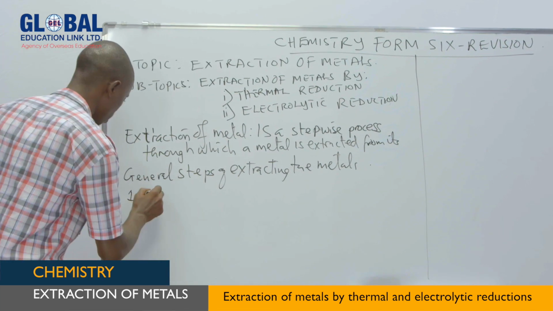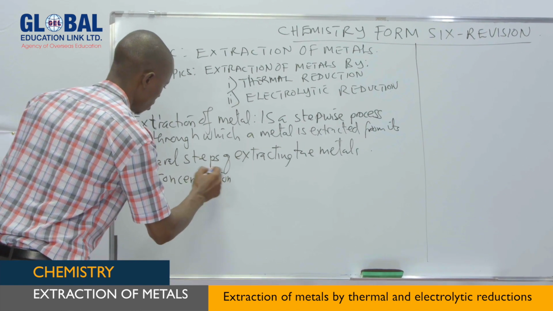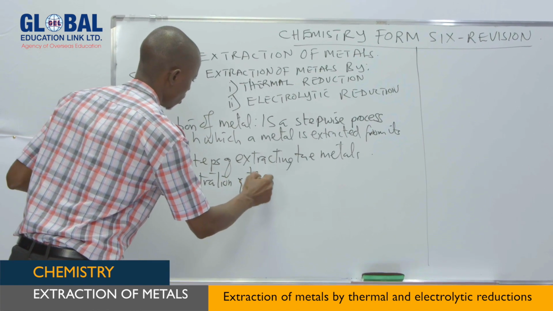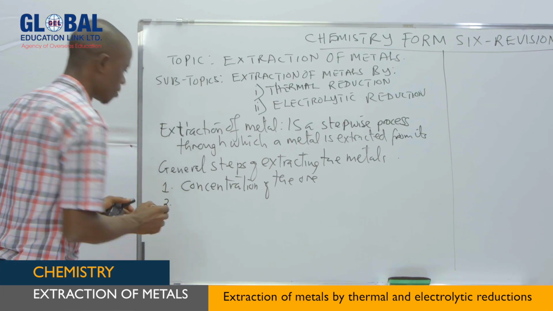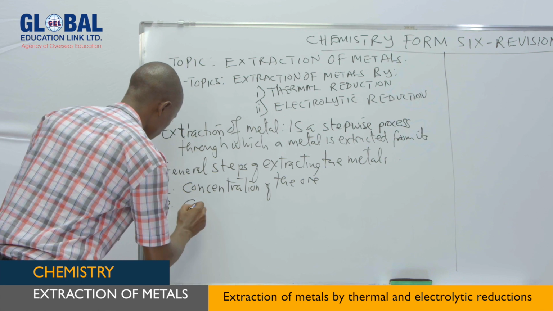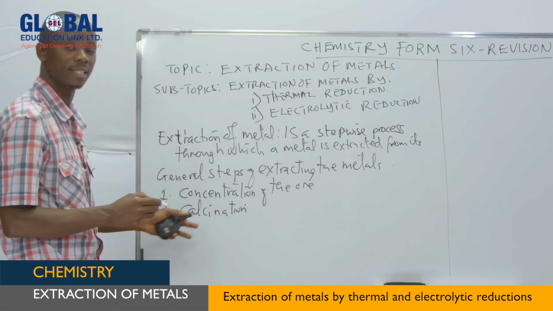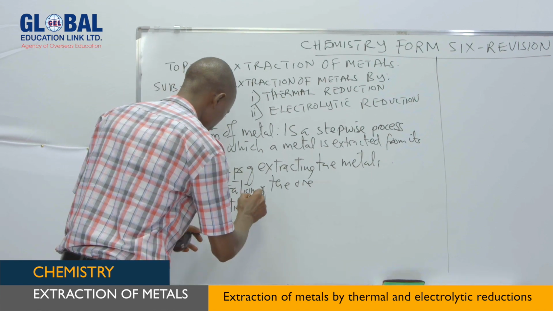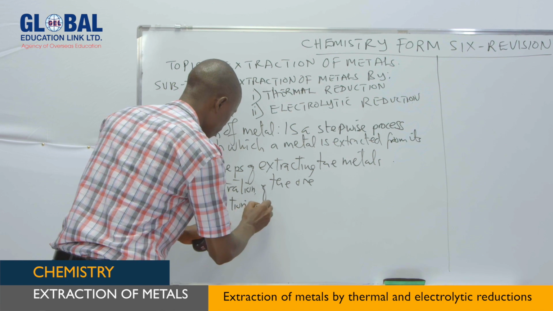Number one is concentration of the ore. Step number two is calcination, or calcination and roasting.